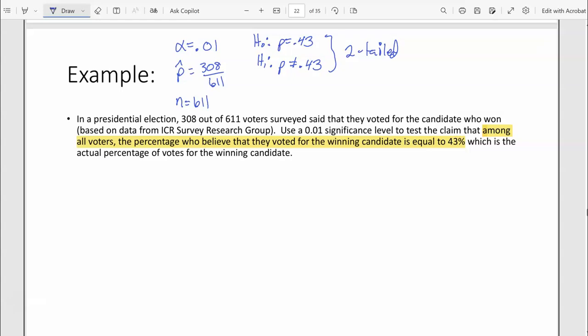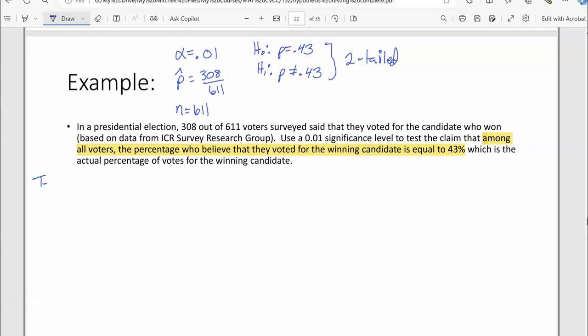So let's figure out what our test statistic is going to be. Z is equal to p hat minus p, or p naught, however you want to think about it, divided by the square root of p times 1 minus p over n. So p hat is 308 out of 611.